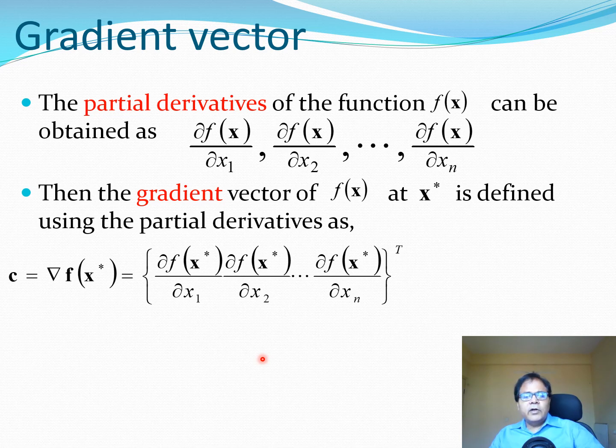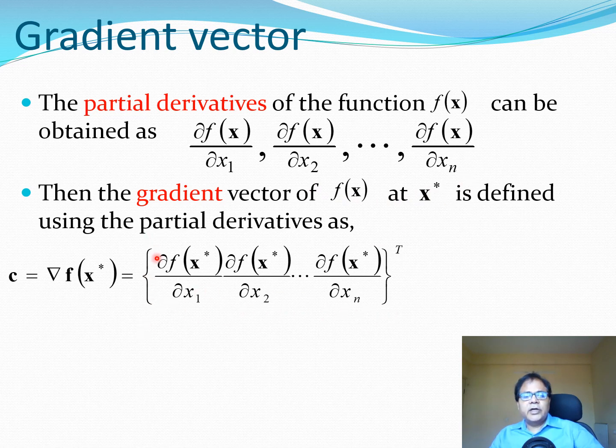Now, one of the very important concepts in optimization is the gradient vector. The gradient vector, which we will denote as C, is sometimes also referred to by this reverse delta symbol here. This is essentially a collection of the partial derivatives of the function with respect to the different design variables. So we take the objective function f, which we want to minimize, and we take the partial derivatives with respect to the design variables x1, x2 all the way to xn, and then we formulate the gradient vector.